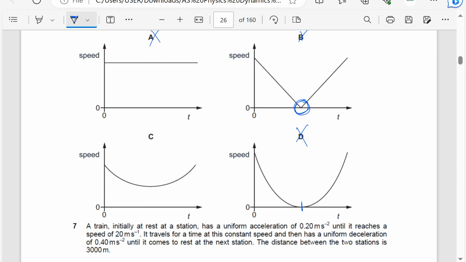It is 0 only in the vertical component, not horizontal. So the answer is going to be C. The speed decreases, at the highest point the speed is only the velocity in the horizontal, and when it is falling, it again increases.